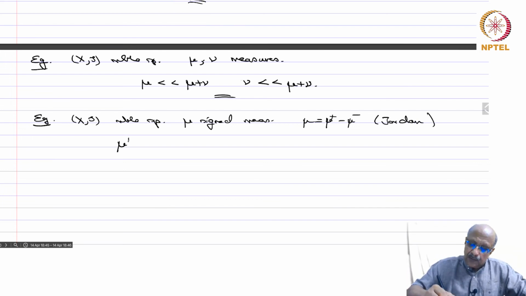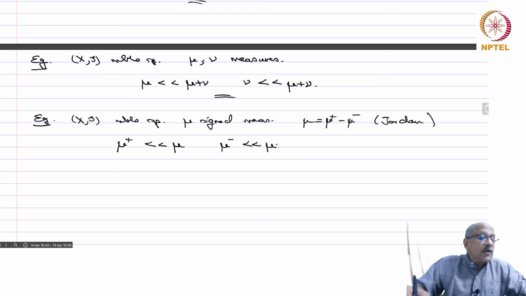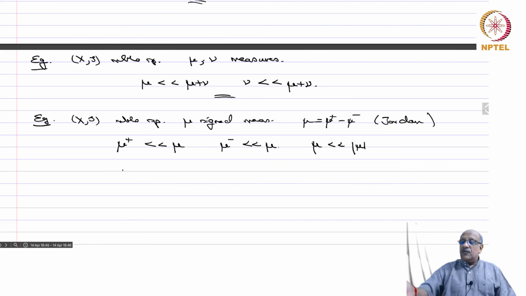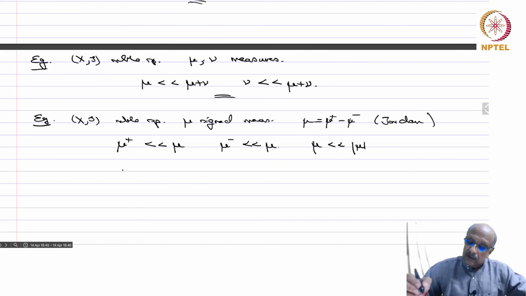Then you have mu plus is absolutely continuous with respect to mod mu, and mu minus is absolutely continuous with respect to mod mu, and you also have trivially that mu is absolutely continuous with respect to mod mu, because if mod mu is 0, then mu plus is 0, mu minus is 0, and therefore mu is also 0. So all these things are obvious trivial examples.